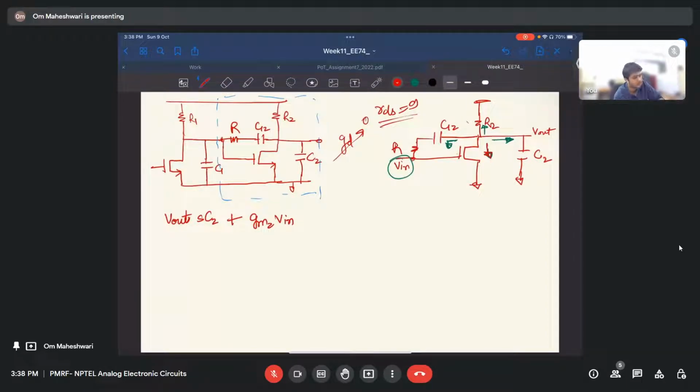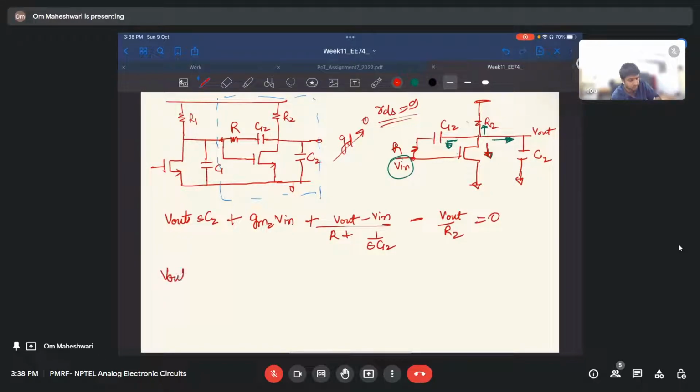So GM2 times V in only, plus this component, V out minus V in by R plus 1 by SC12, minus this component, V out by R2, equals 0.